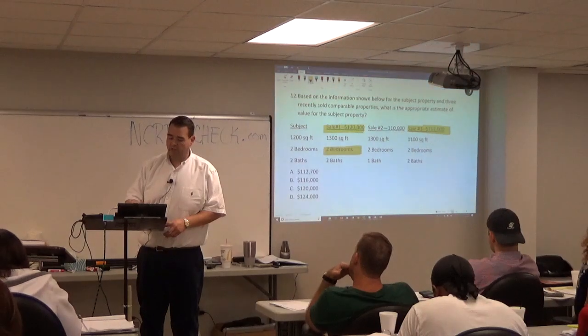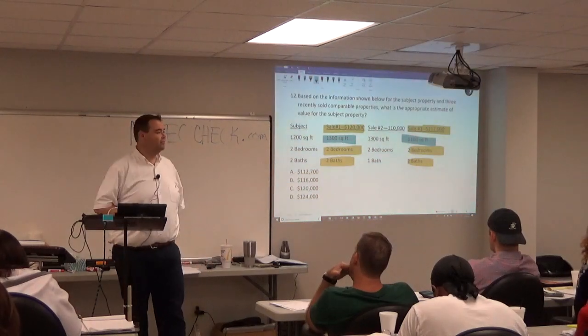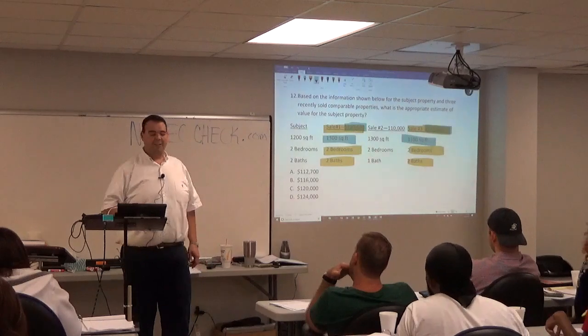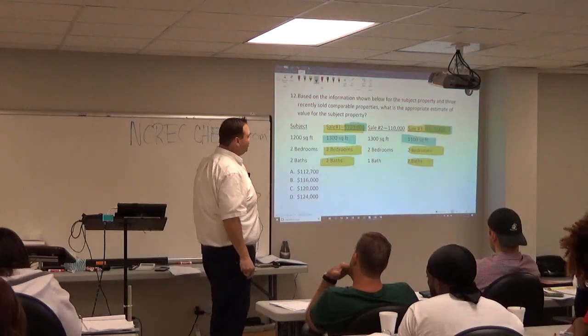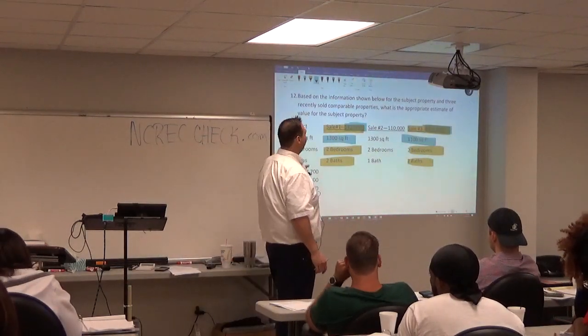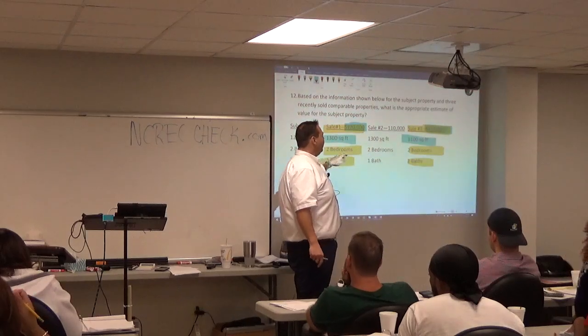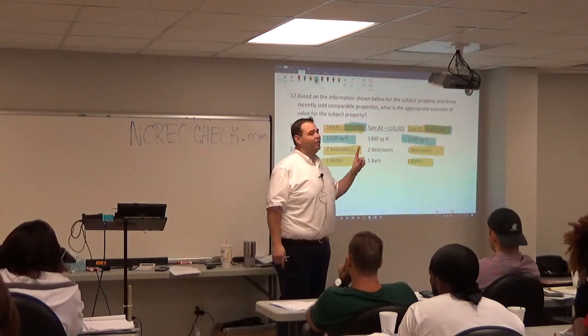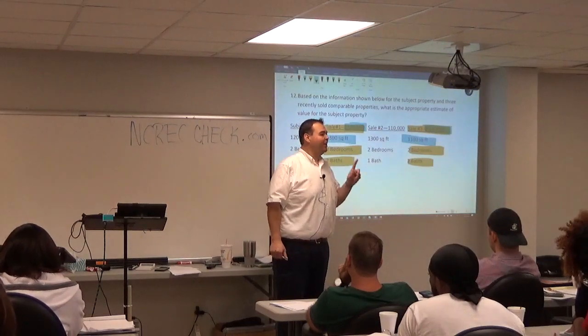The bedrooms are the same, the bathrooms are the same, but what's different? That's square footage right there. And the other thing that's different is the sales price. So if the only difference between those two properties is that 200 square feet, what we must know is that buyer was willing to pay $8,000 more for the extra what? For the extra square footage.